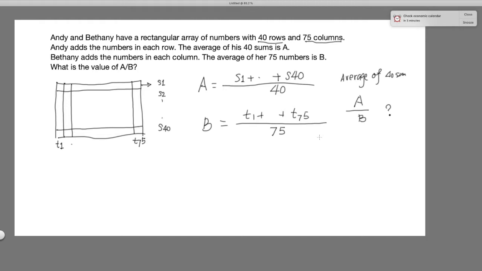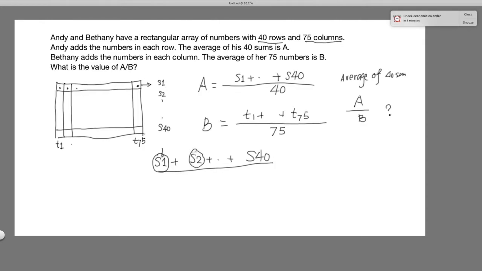How do we do this? The thing we realize is this sum, S1 plus all the way to S40. What does this really mean? First, we realize S1 equals the sum of all the numbers in that first row.